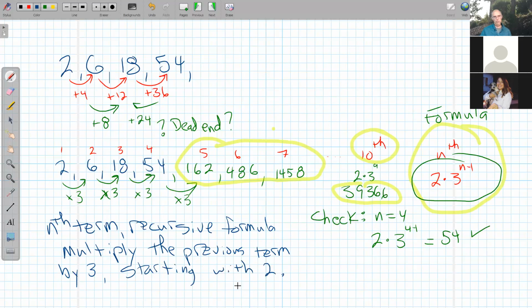So a slightly different wording, but I just say, hey, multiply by 3 to get the next term, or take the previous term times 3, but we eventually have to know where to start.